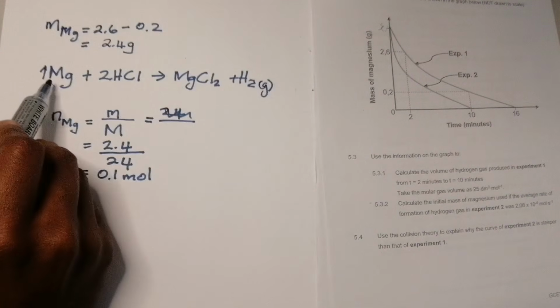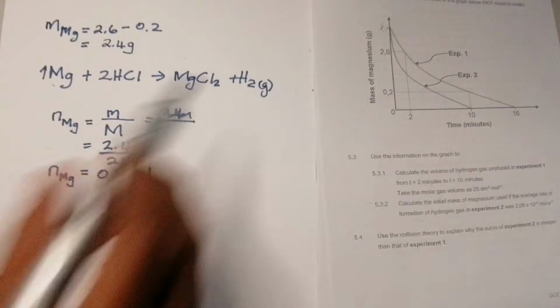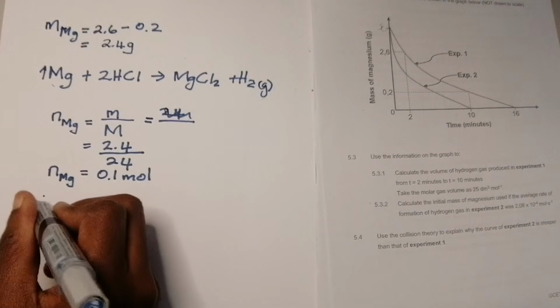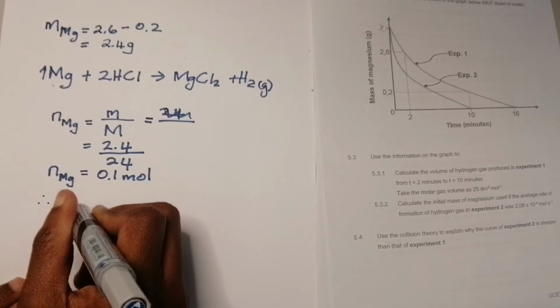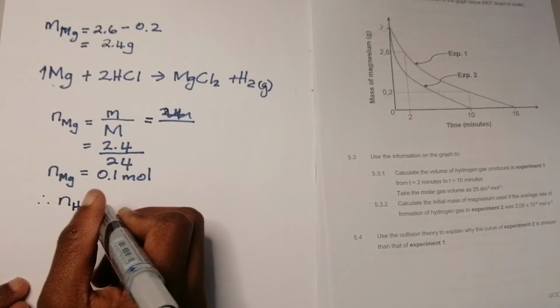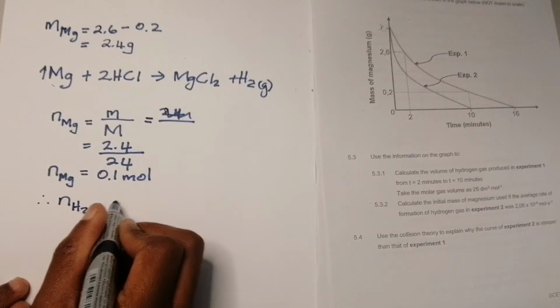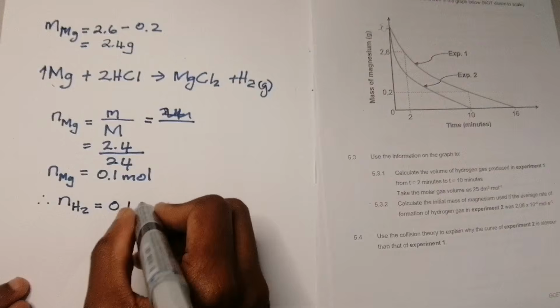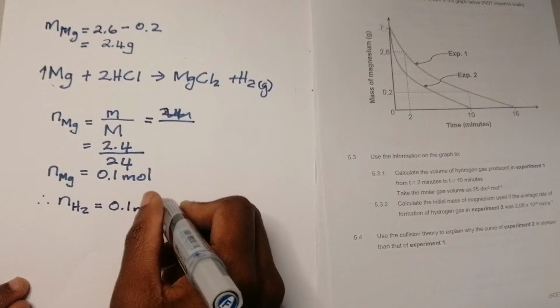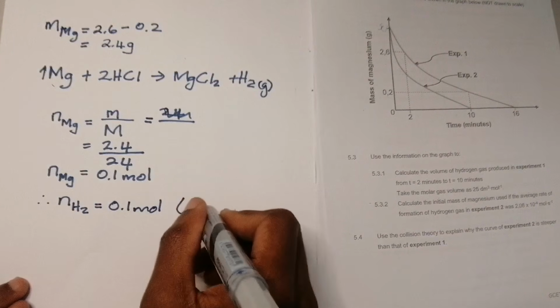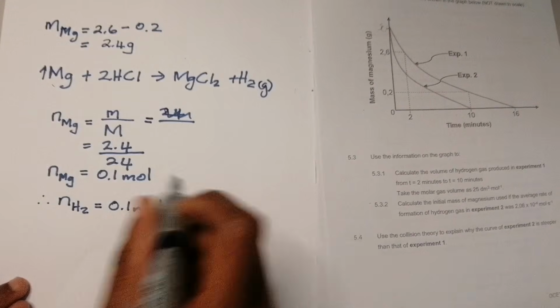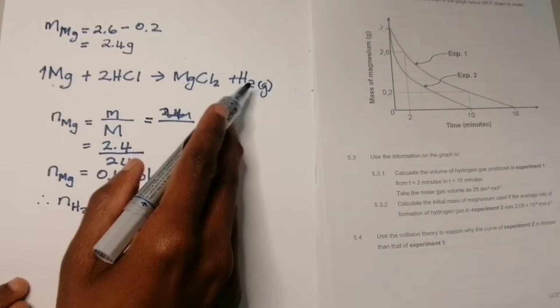If I've got 0.1 mole, I will produce 0.1 mole. So the number of moles of hydrogen formed should also be equal to 0.1 moles. Why is that? Because there is a 1:1 ratio between the two.